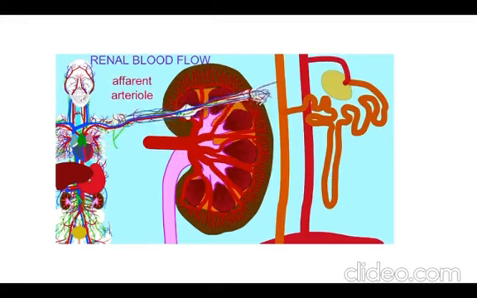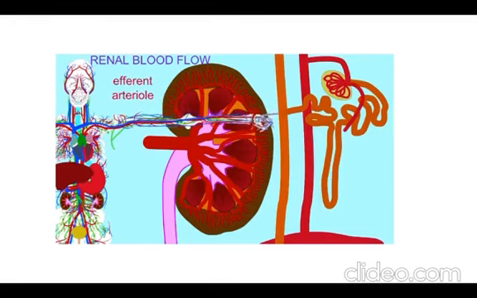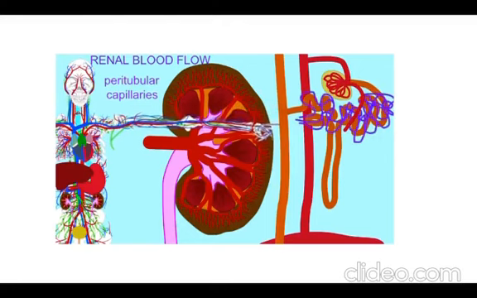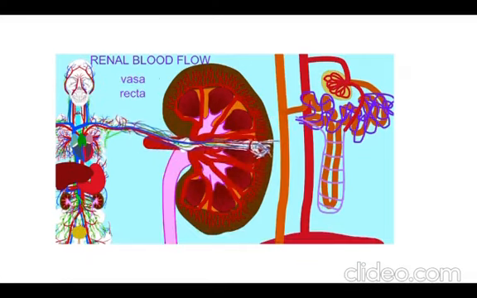Afferent arterioles depart from these and enter the renal corpuscle, forming the glomerular capillaries. Now, the glomerular capillaries are drained by efferent arterioles. Nowhere else in the body are capillaries drained by an arteriole. These efferent arterioles then form a second capillary network, either the peritubular capillaries around the PCT and DCT, or the vasa recta, which surrounds the loop of Henle.